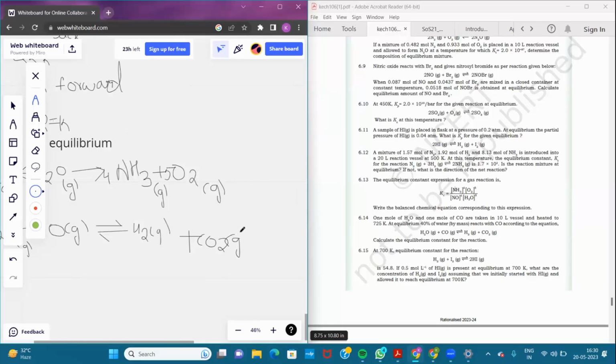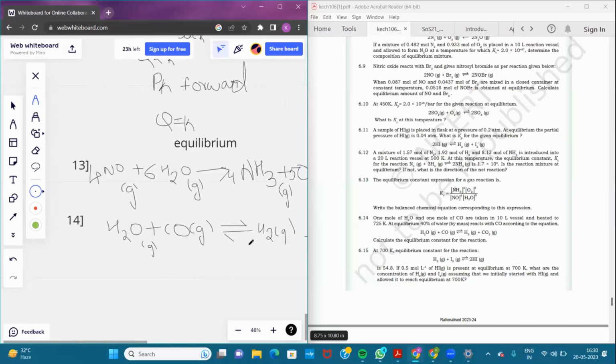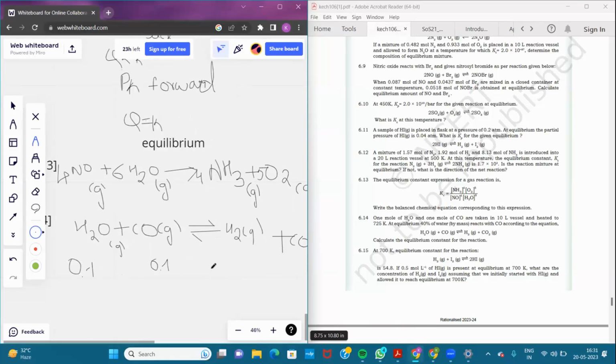This is the reaction. For the further calculation, this is 1 mole, but for a 10-liter vessel, so 0.1 molar concentration. This is also 0.1, and H2 is 0 initially.